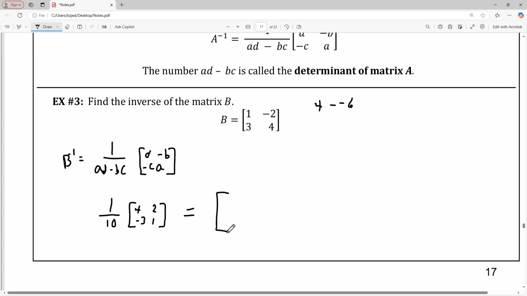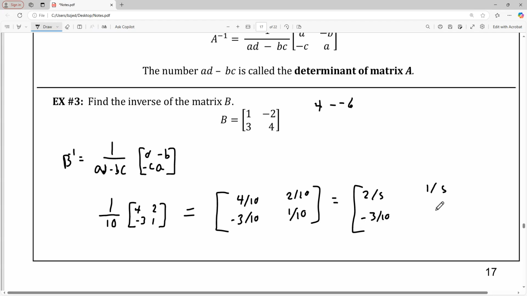So I'm getting the matrix 4/10, 2/10, negative 3/10, and 1/10. If you simplify some of these, you would get the final answer of 2/5, 1/5, negative 3/10, and 1/10.